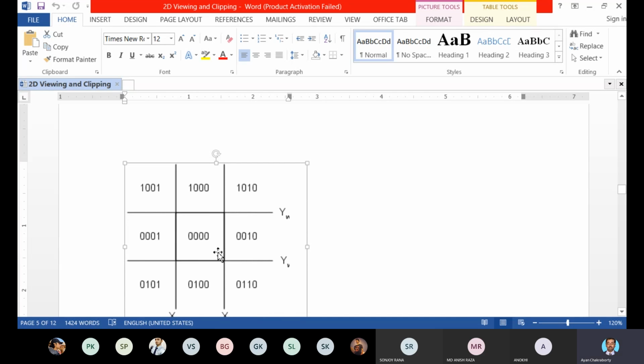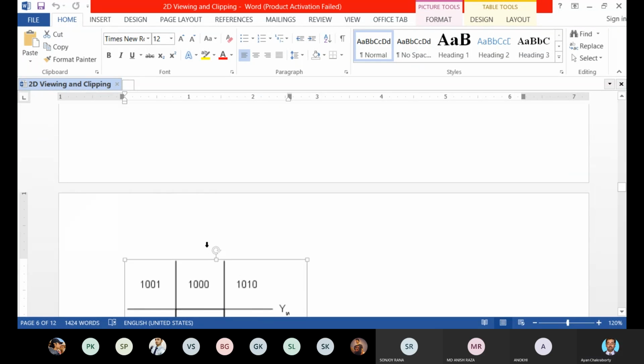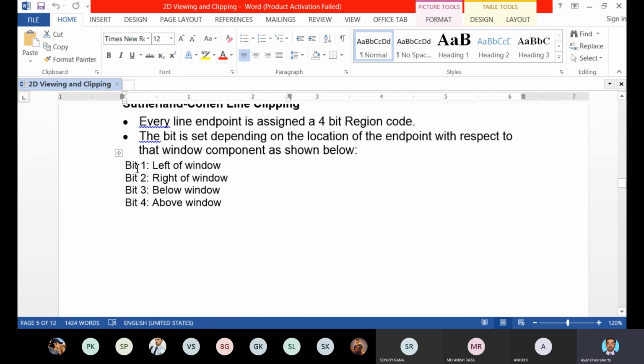In the central region, the region code is 0000. All the bits are 0. Why? Because, listen very carefully, the first bit will be 1 if we are at the left side of the window.